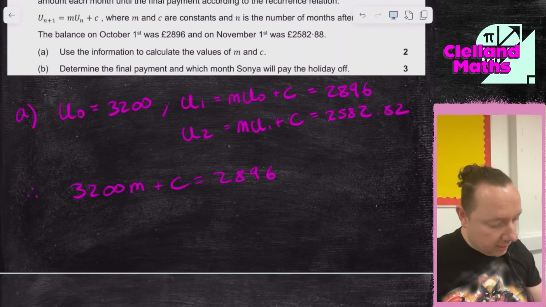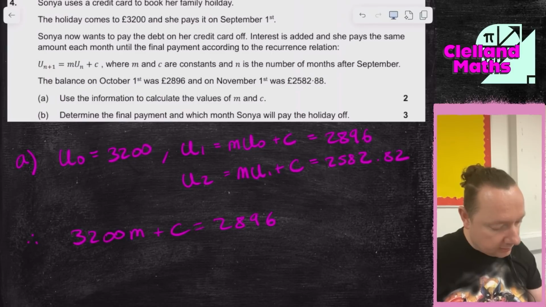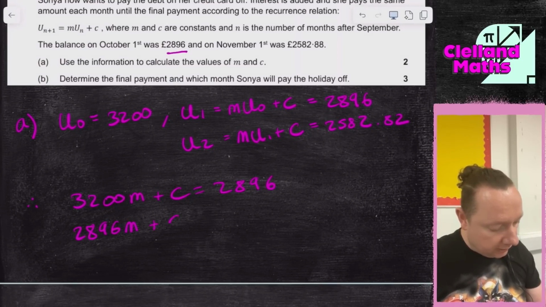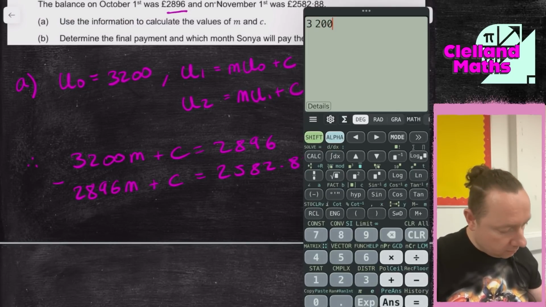And M U1, well, we know U1 is 2896. So we can say that we've got 2896 M plus C equals 2582.88. So we can just take them away from each other using a calculator.